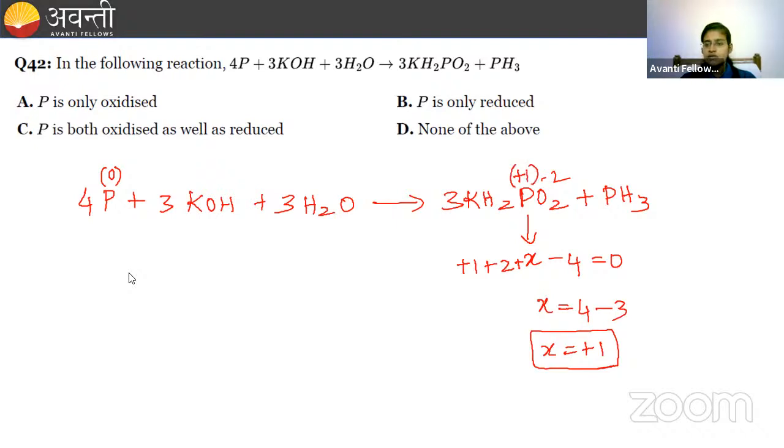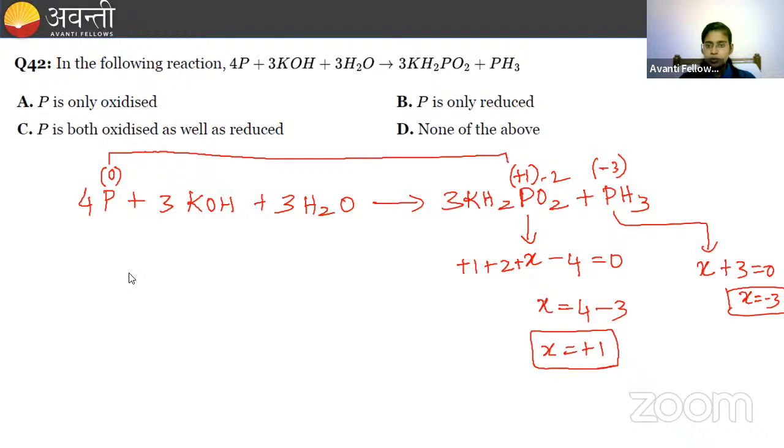And for phosphine, let me take this as X, and for each hydrogen it is +1. So X plus 3 is equal to 0 and X is equal to -3. The oxidation state of phosphorus in the product side is minus 3. So in one compound, phosphorus is moving from 0 to plus 1. 0 to plus 1 means it is moving towards the positive side, so there is increase in the positive charge.